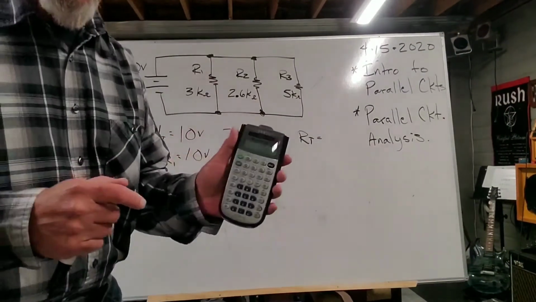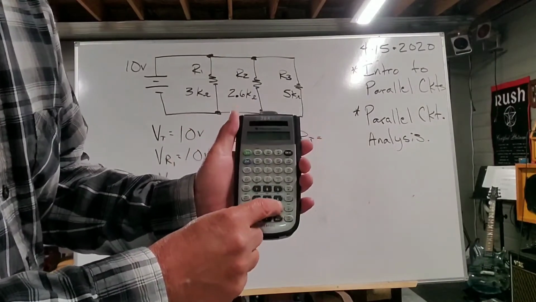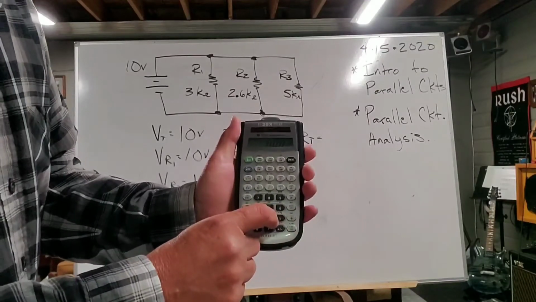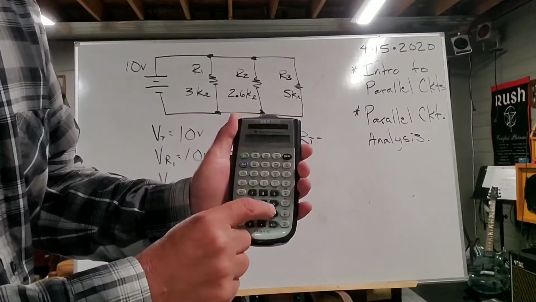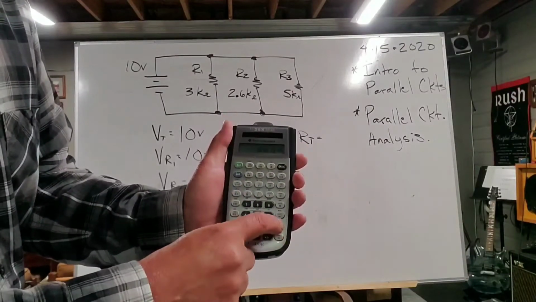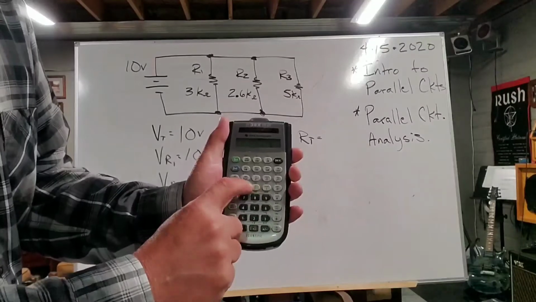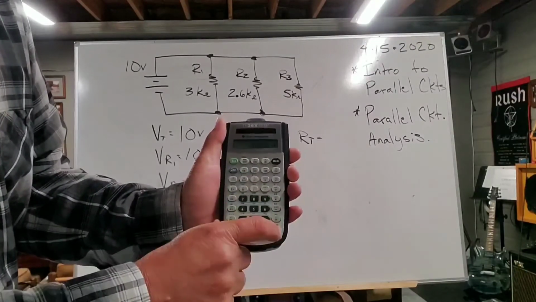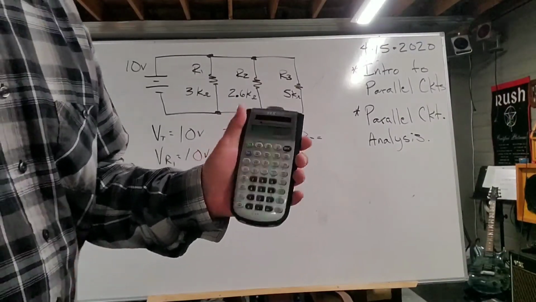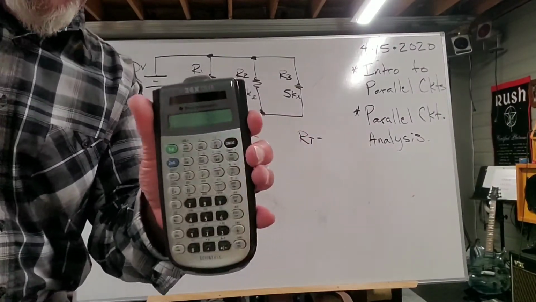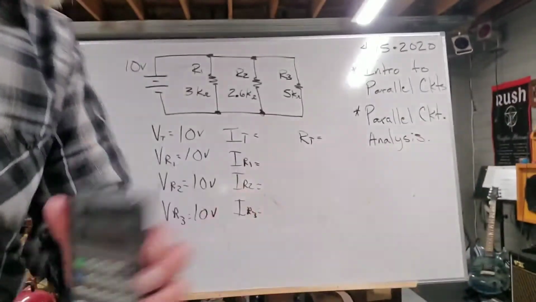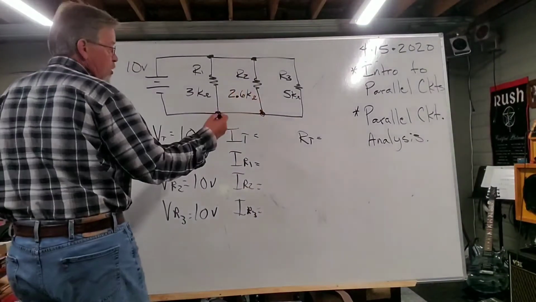So it's the 3EE3 1 over plus 2.6 EE3 1 over plus 5 EE3 1 over equals, and then 1 over. And it gives me 1.089 kilo ohms. So my total resistance is 1.089 kilo ohms.